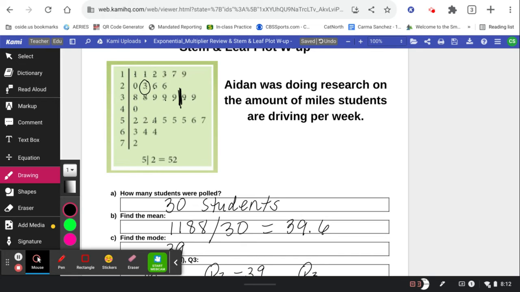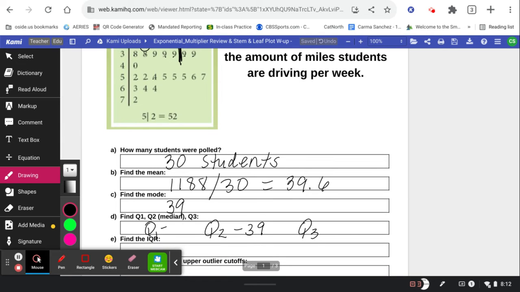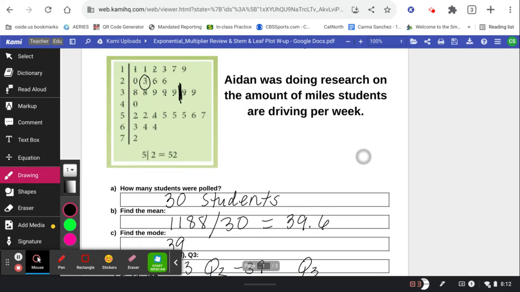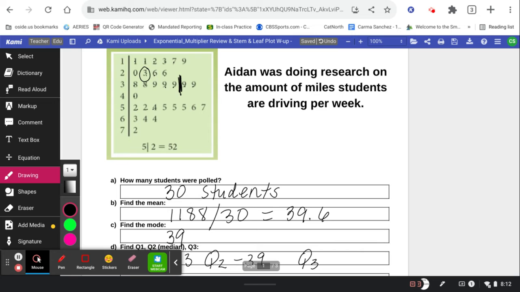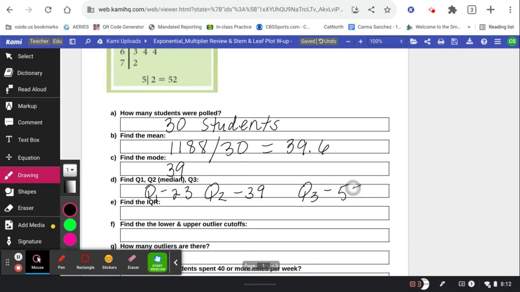Okay, now we've got 7 on each side. So Q1 is 23. And then Q3, 1, 2, 3, 4, 5, 6, 7, 1, 2, 3, 4, 5, 6, 7 is going to be 55.